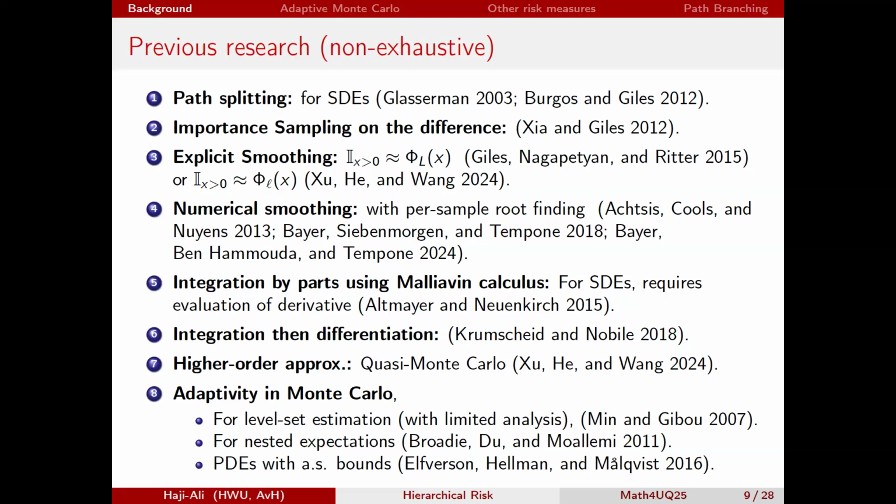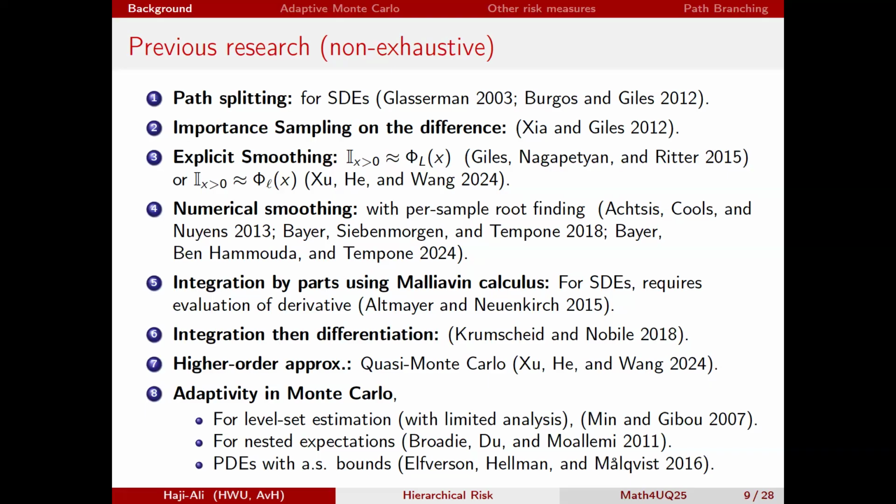And finally, adaptivity in Monte Carlo has been used to get around the problem of the indicator function. So for level set estimation as far back as 2007, which I'll talk about a bit later; for nested expectation, it was done in a Monte Carlo setting in 2011 by Broadie et al.; and for PDEs, assuming almost sure bounds rather than moment bounds that we had before, by Hoel et al. in 2016.